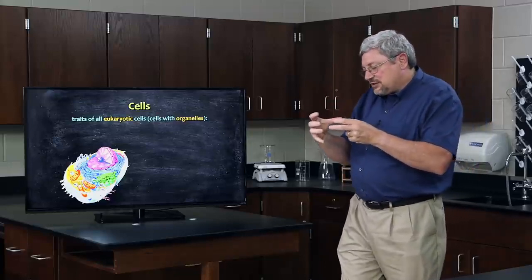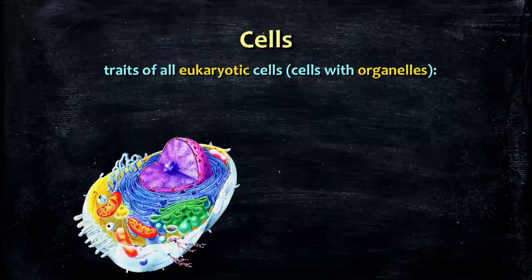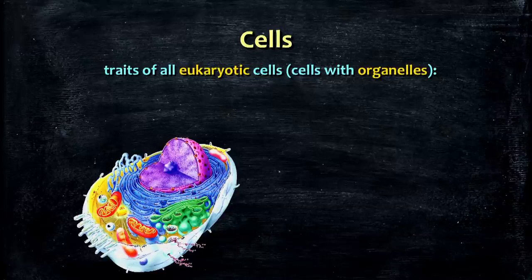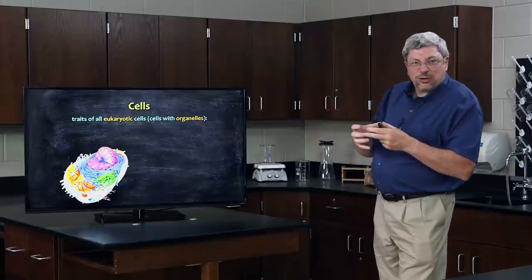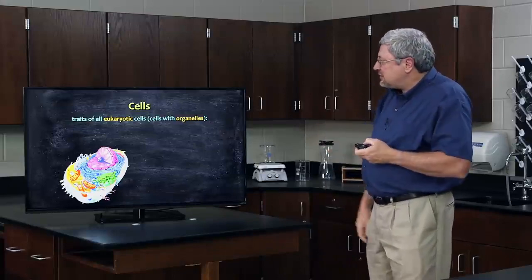So they have these organelles made of membranes inside the cell, and therefore they're called eukaryotic. Eu means true. Karyon is referring to a body. So these are cells with true bodies inside the cell. They have organelles, or small organs, within the cell itself.